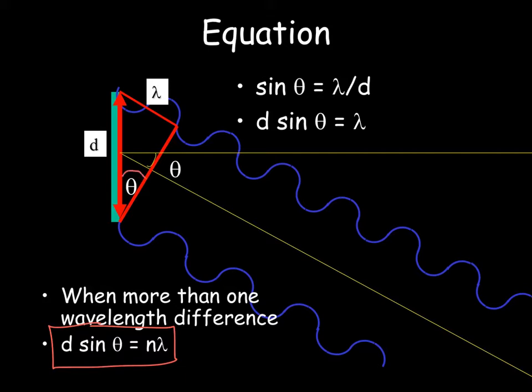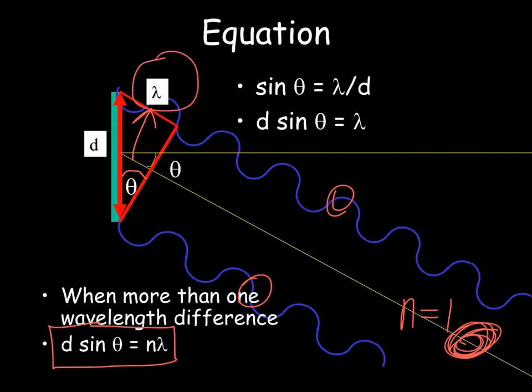So here's the angle here, and the side opposite it is the wavelength, because the difference between the wave at the top, this one, and the wave at the bottom, this one, is exactly one wavelength, because they're arriving at the same point down the bottom, which is the big spot, which we call on the screen n equals 1. Now, if it's not n equals 1 but n equals 2 it's arriving at, then the wavelength difference will be 2, which is why instead of wavelength, we write n wavelength.